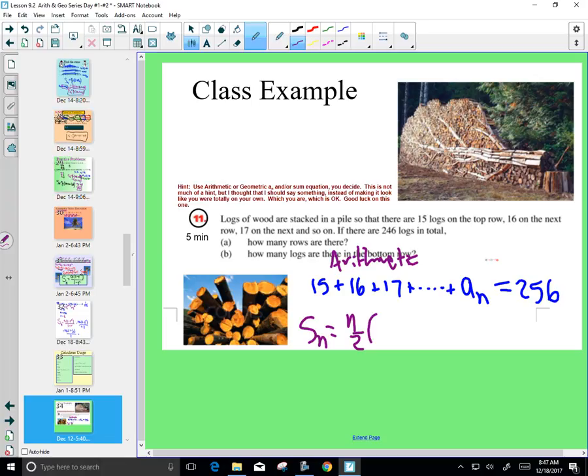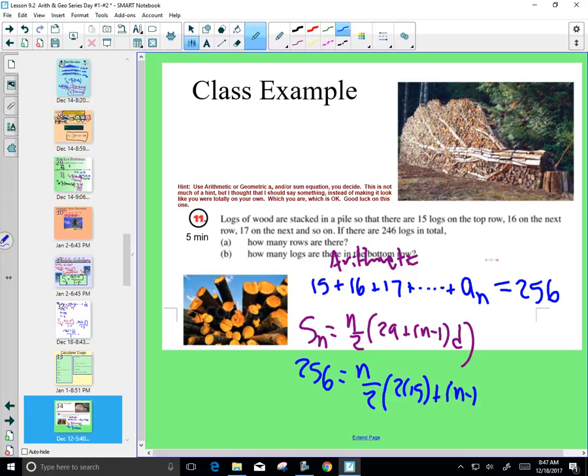We're going to do the 2a plus n minus 1 times the difference. Okay, we said the sum is 256. We don't know how many rows that is, but we do know the first one is 15. We don't know how many rows that is, but we do know what's the difference from one row to the next. Common difference? Plus 1, right?